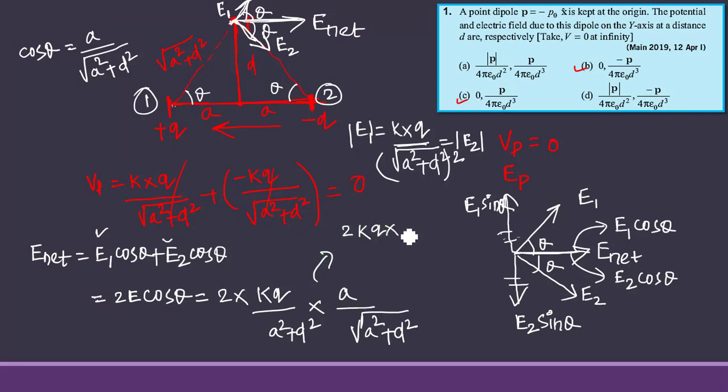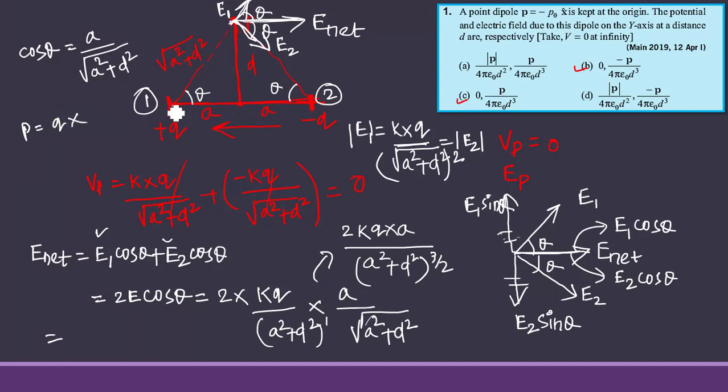2KQ into a divided by a square plus d square to the power half, and with power 1 it becomes half plus 1, which is 3 by 2. See, in this term, what is a dipole? A dipole is charge into the distance between them.